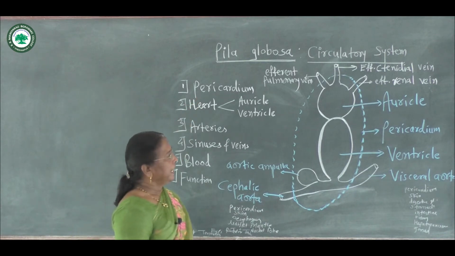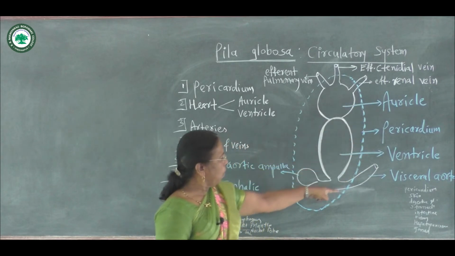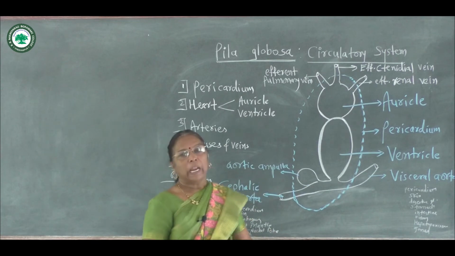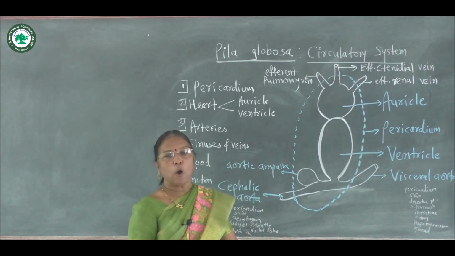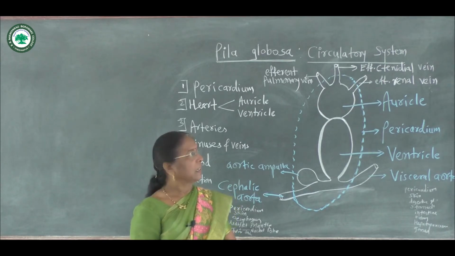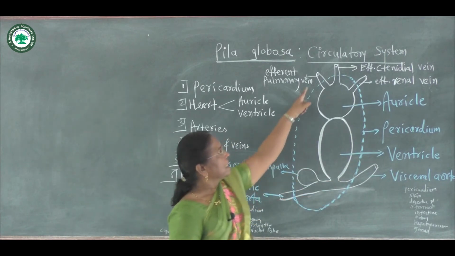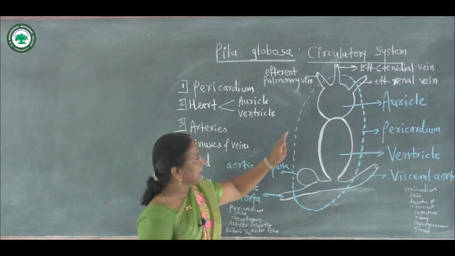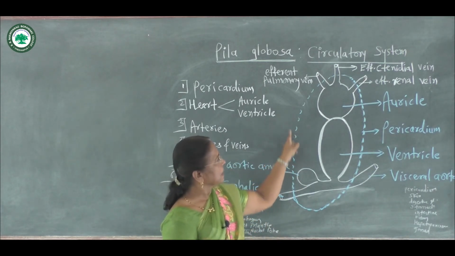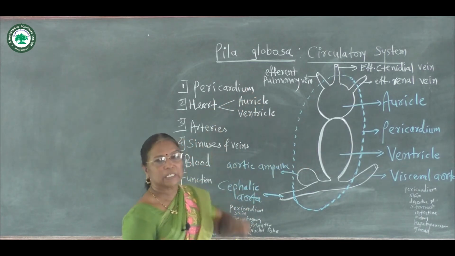Pericardium is a thin-walled, ovoidal structure situated on the left side of the body wall behind the pulmonary sac. This is the pericardium, which is thin-walled. This thin-walled pericardium internally shows a true coelom, and inside this pericardium the heart of Pila is enclosed.